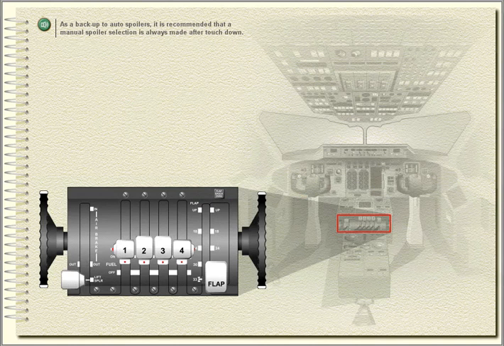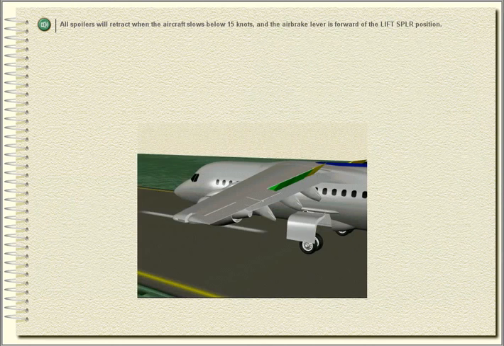As a backup to auto spoilers, it is recommended that a manual spoiler selection is always made after touchdown. All spoilers will retract when the aircraft slows below 15 knots, and the air brake lever is forward of the lift spoiler position.